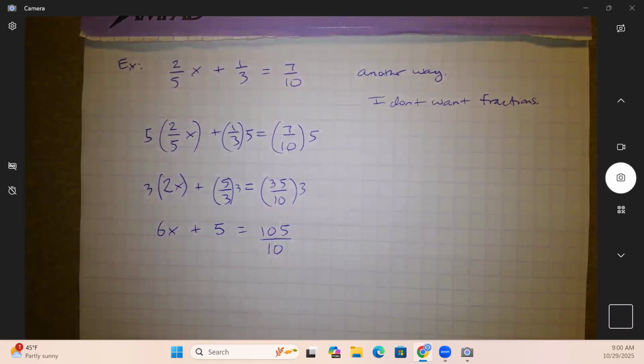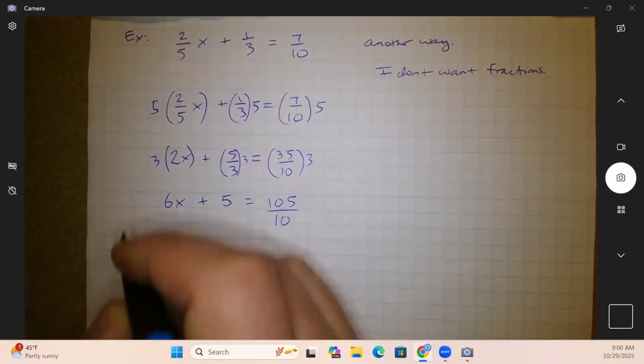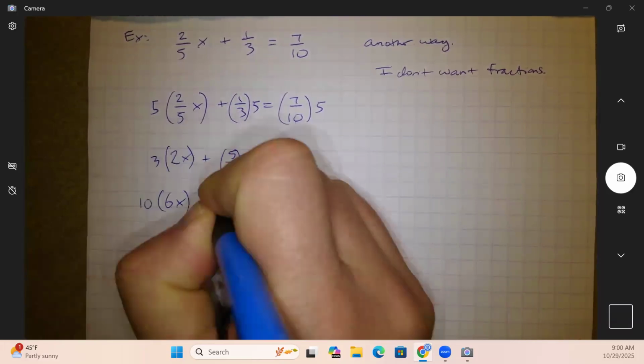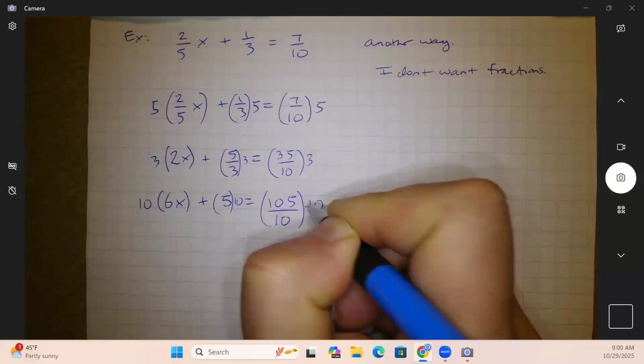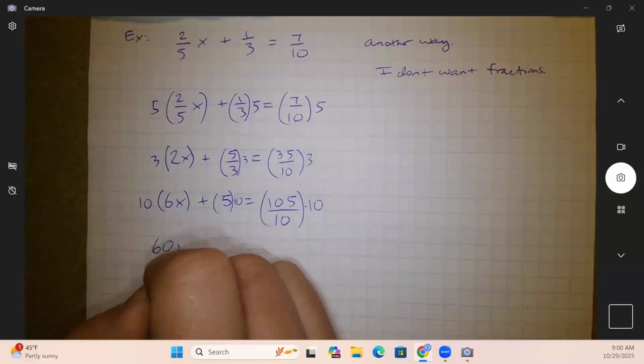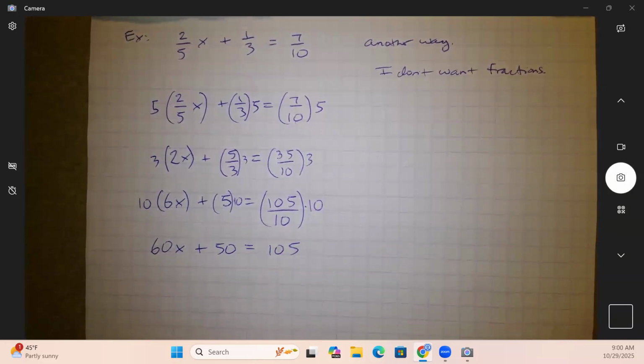Aha! I'm down to one fraction. How do I get rid of that last fraction? I'm going to multiply everything by 10. 10, 10, 10. And I get 60x plus 50 equals 105.